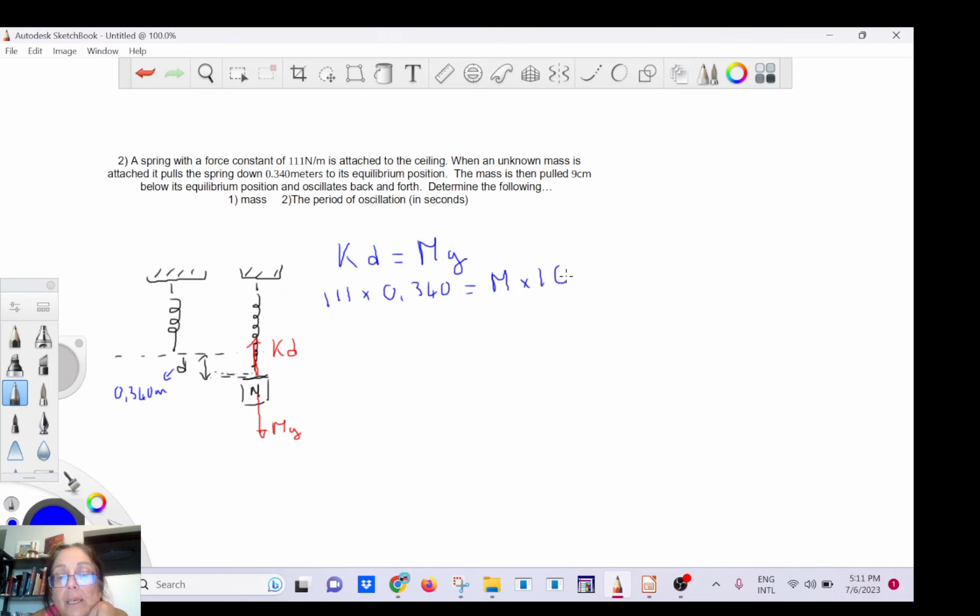We're going to say g is 10 to simplify. So that's going to give you the mass. The mass is that times this divided by 10. So double check what I'm doing. And you get 3.77 kilograms about. Okay, that answers the first question.